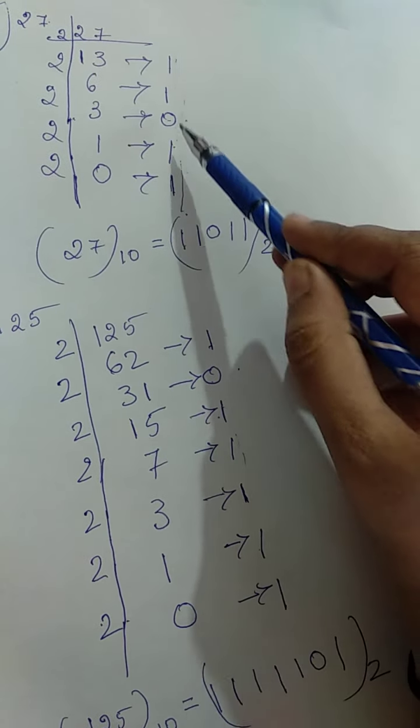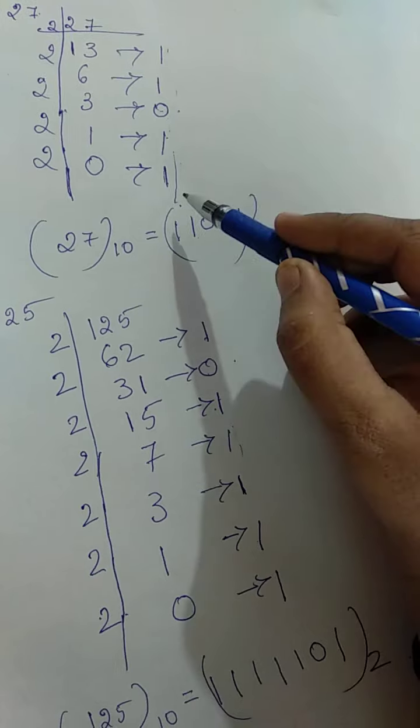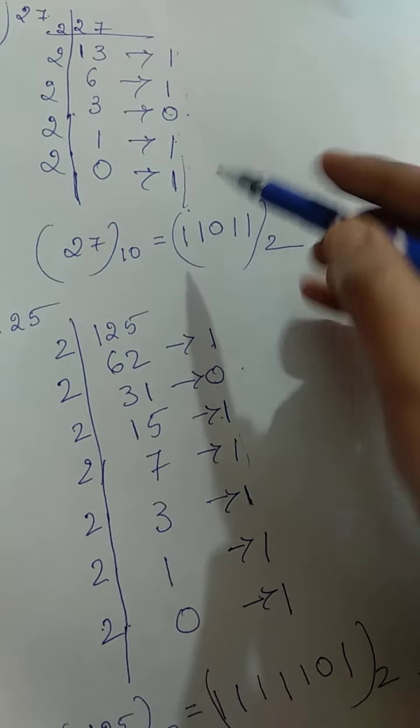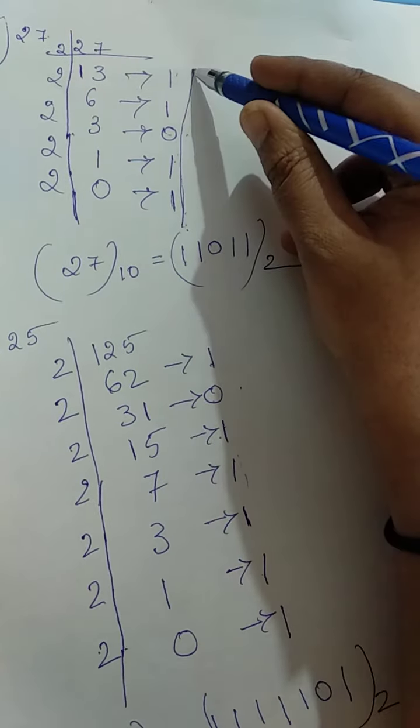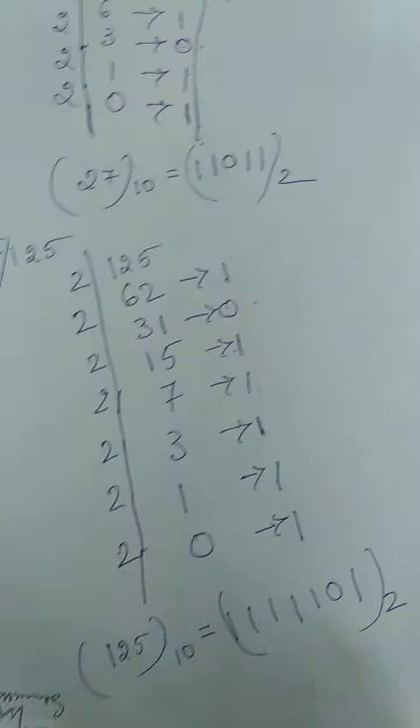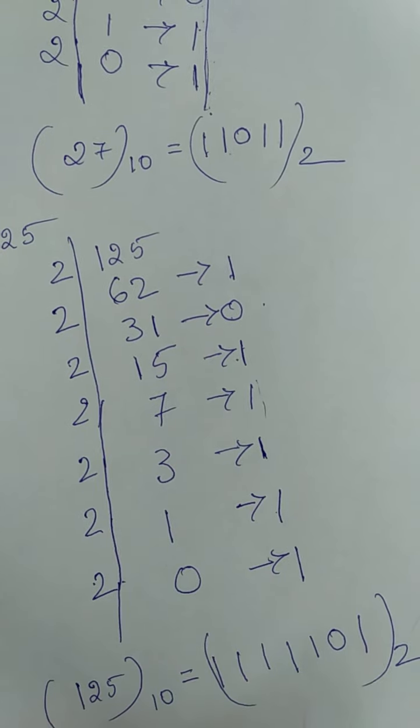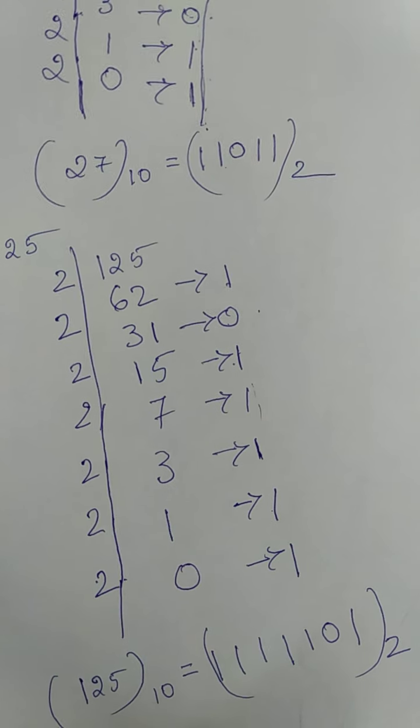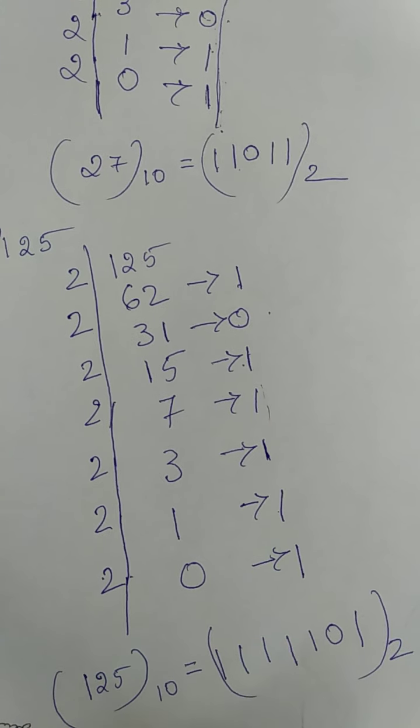And how do we write the remainder values? In reverse order. These 3 points have to be remembered while converting decimal to binary.